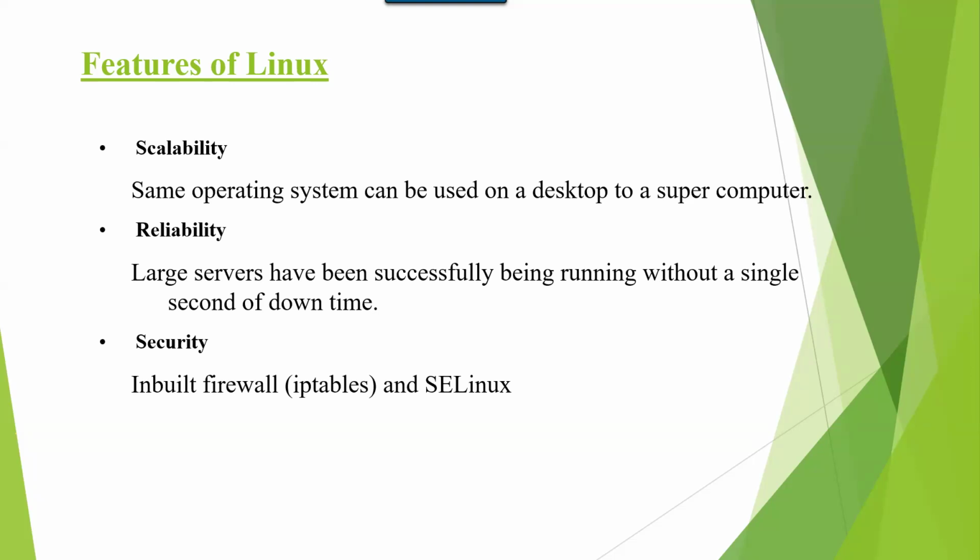I'm repeating the security points. Linux is secure because inbuilt IP tables and SELinux are there. IP tables are used to secure networking files. SELinux is used to secure local files. Linux is secure because for every user, password authentication is compulsory. It works with a command line interface.